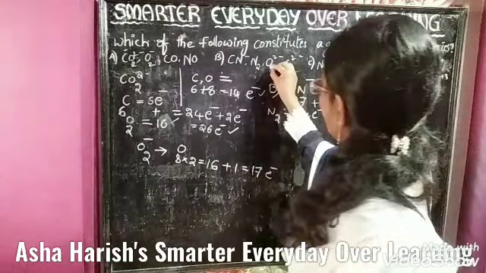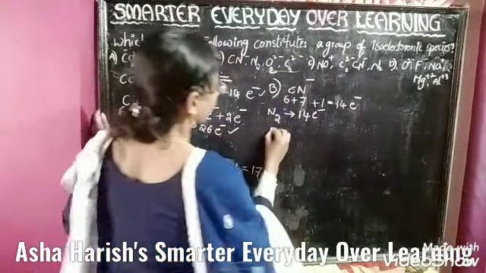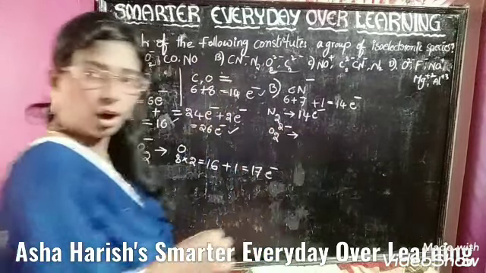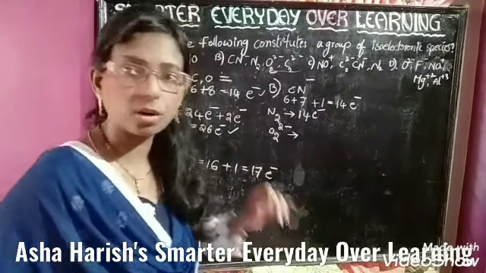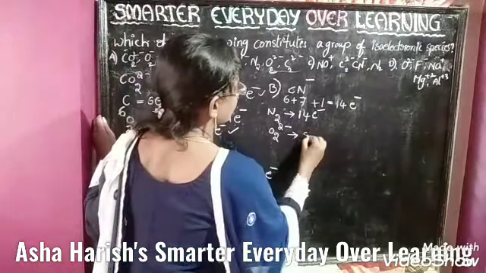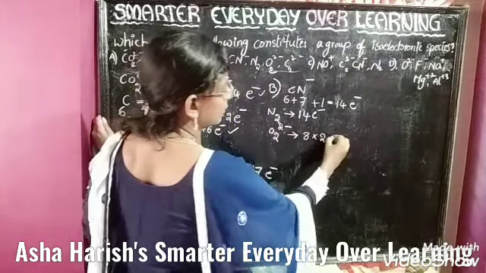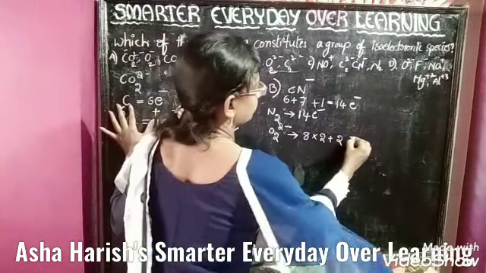Here see, students, O2 2 minus. For O2 2 minus, what is the atomic number of oxygen? That is 8 into 2, that is 16, and 2 minus is there, so we add 2, and that is 18.